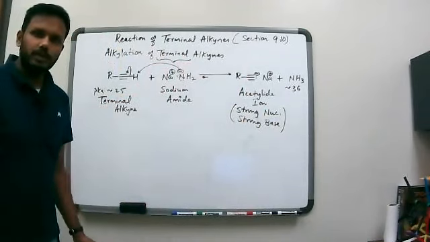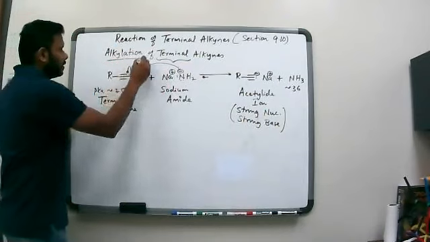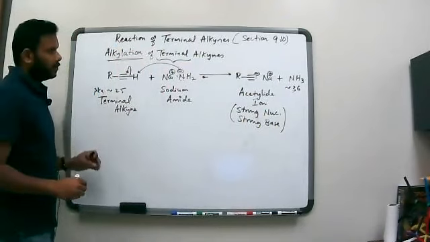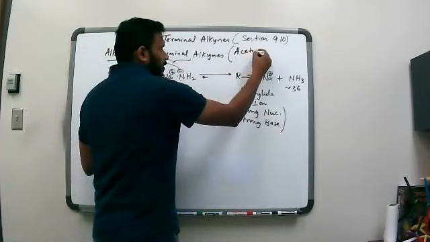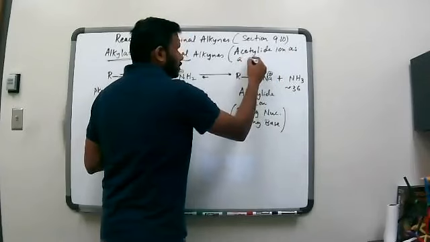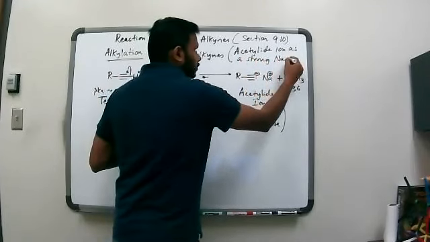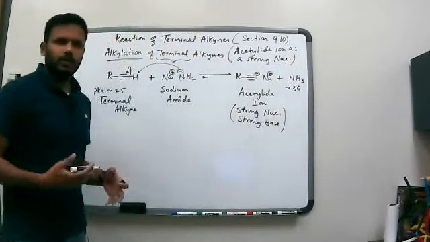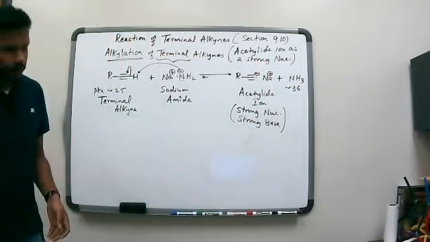But this alkylation reaction that we're discussing here uses the acetylide ion as a strong nucleophile. It uses the nucleophilic properties of the acetylide ion, because it's a strong nucleophile.